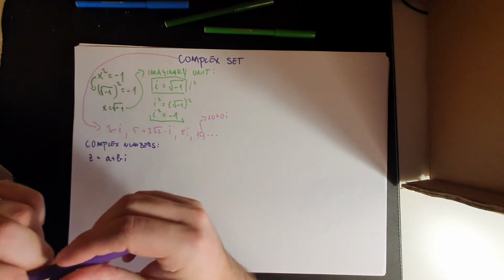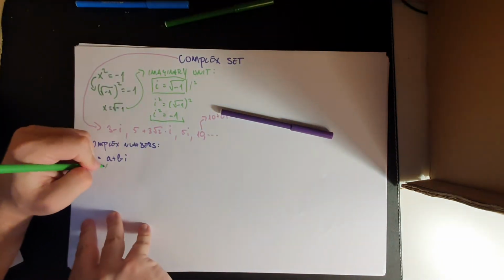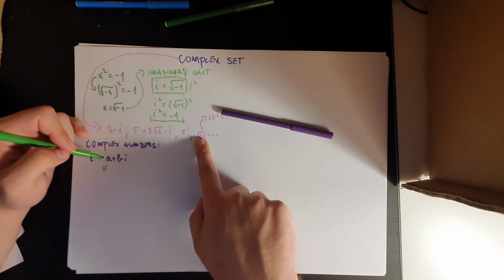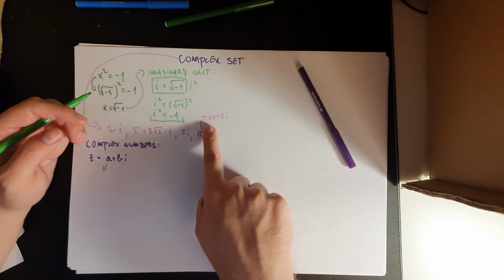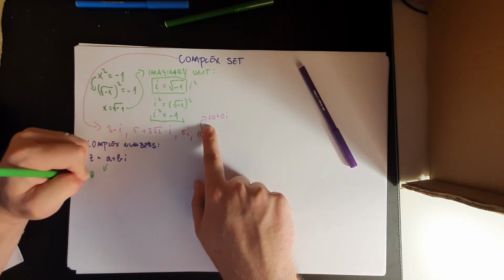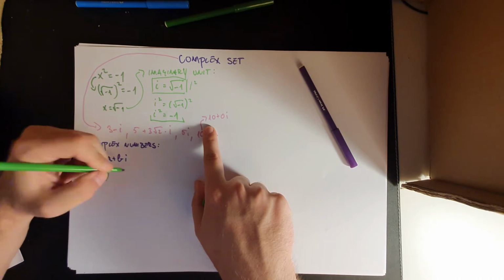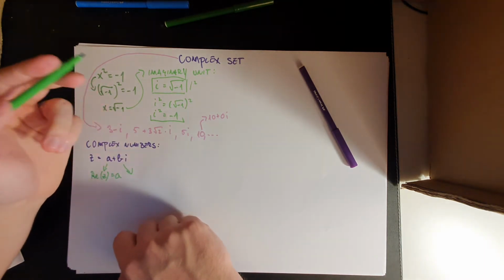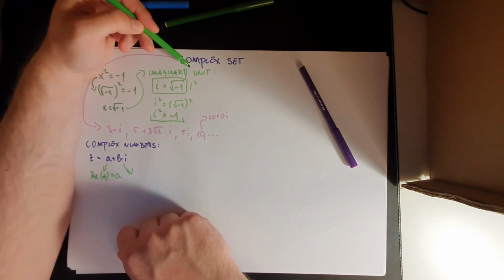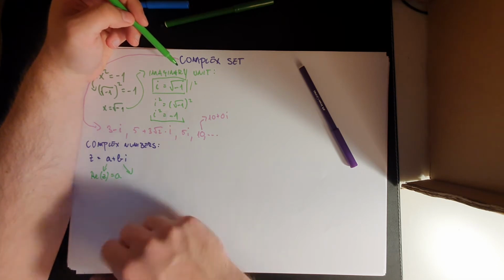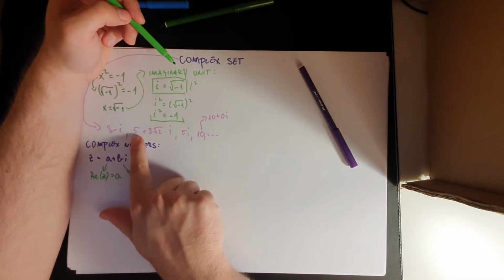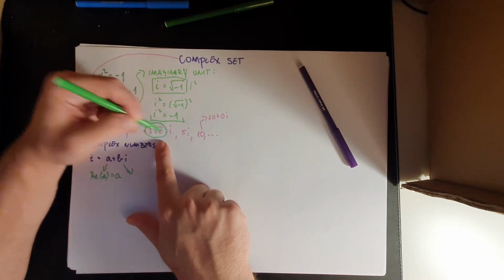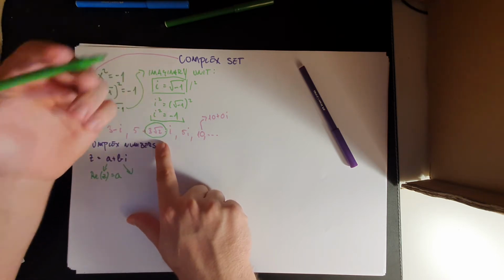Now, what is important in all of this is the following. a is going to be the real part of the complex number. 10 is a real number, 10 plus 0i is still real. So the real part of the complex number z is defined as a. In the meantime, we also have the imaginary part. The imaginary unit tells us what is imaginary in all of this. So, for example, in 5 plus 3 times square root of 2 times i, this whole thing is b, and it is going to be the imaginary part.